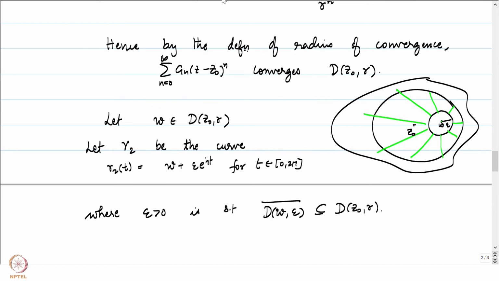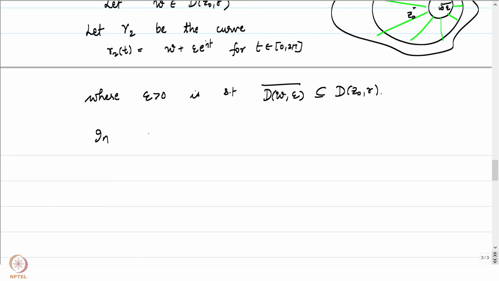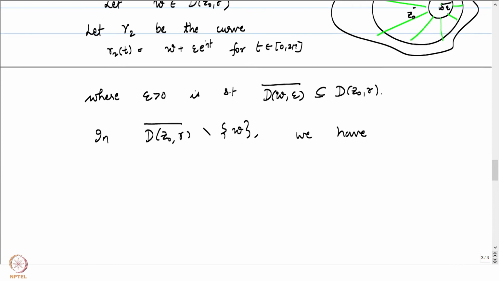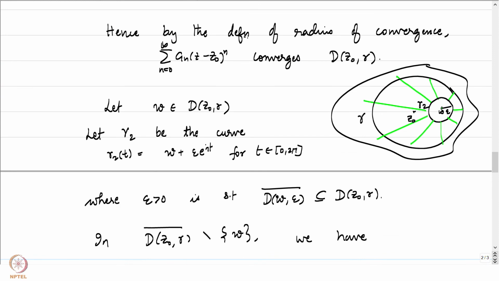So let me write that down. In D-bar(z0, r) minus w, notice that this is our gamma 2 and this is our gamma.